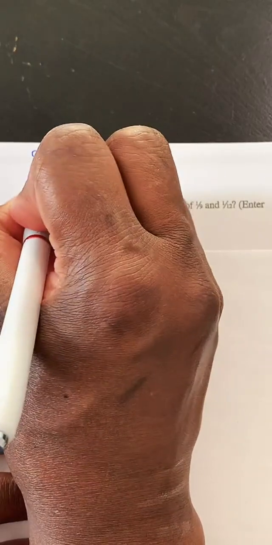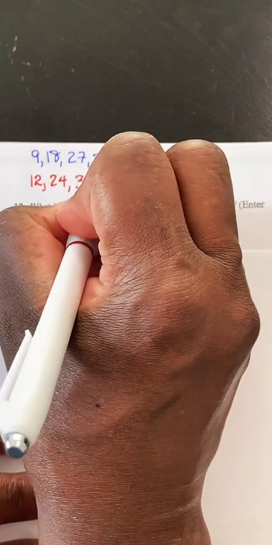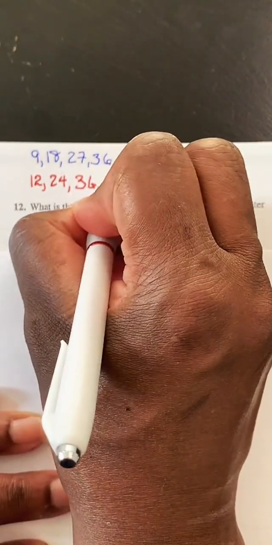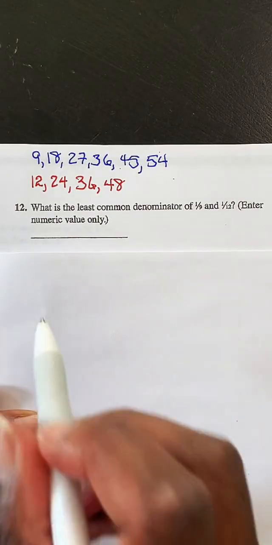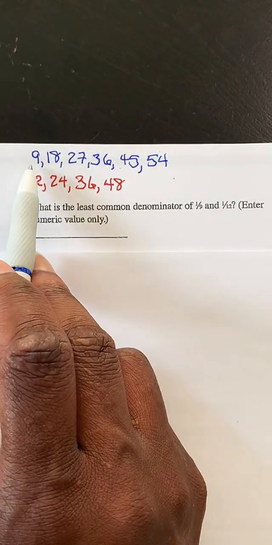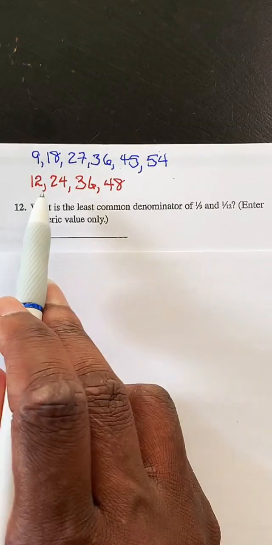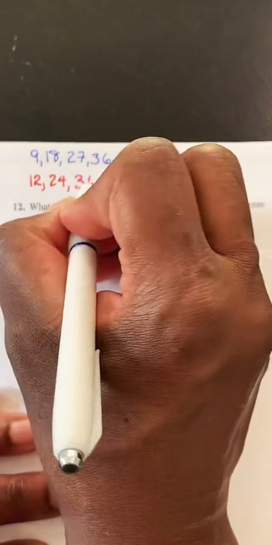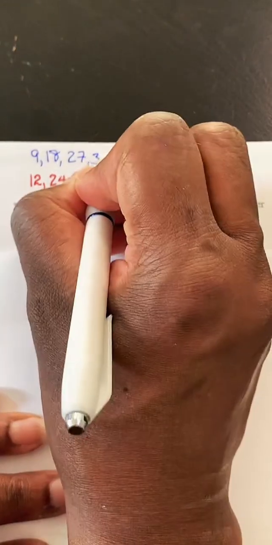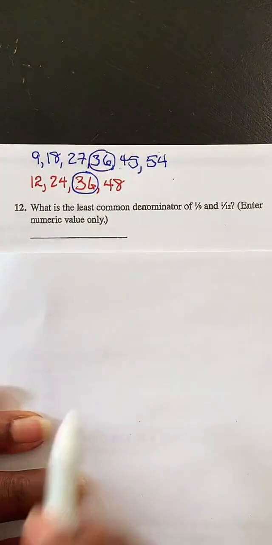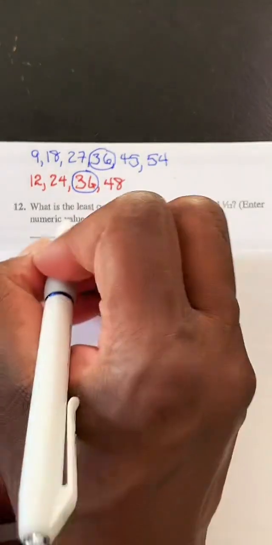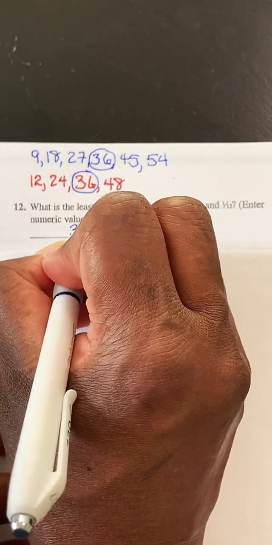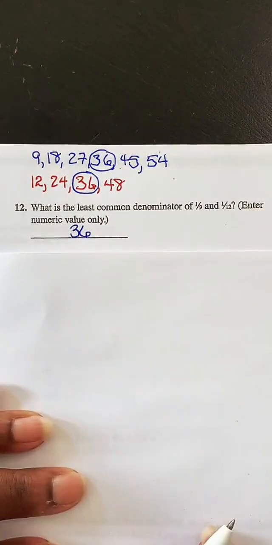So we got our 12, 24, 36. And I can stop here or go 48. I can stop here because the least number that is seen in the 9 times table and the 12 times table is my 36. So your least common denominator in this case is going to be 36. Okay.